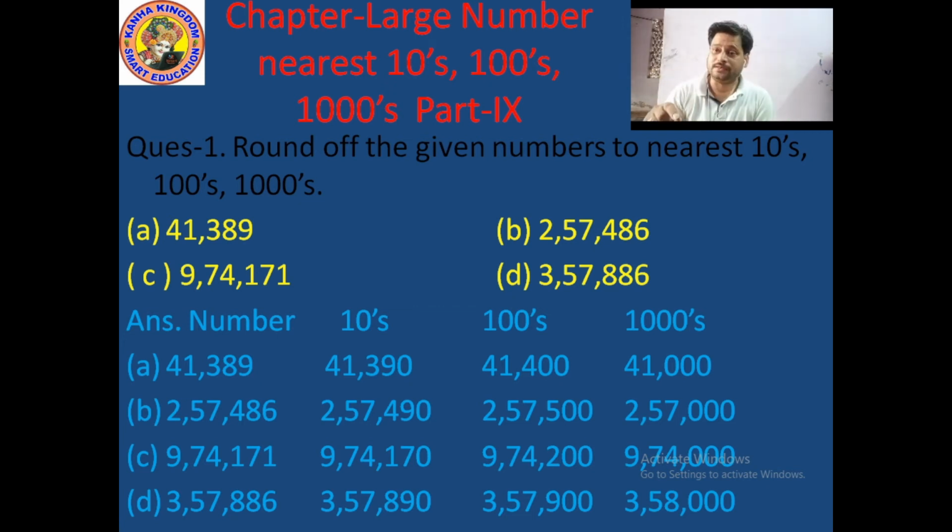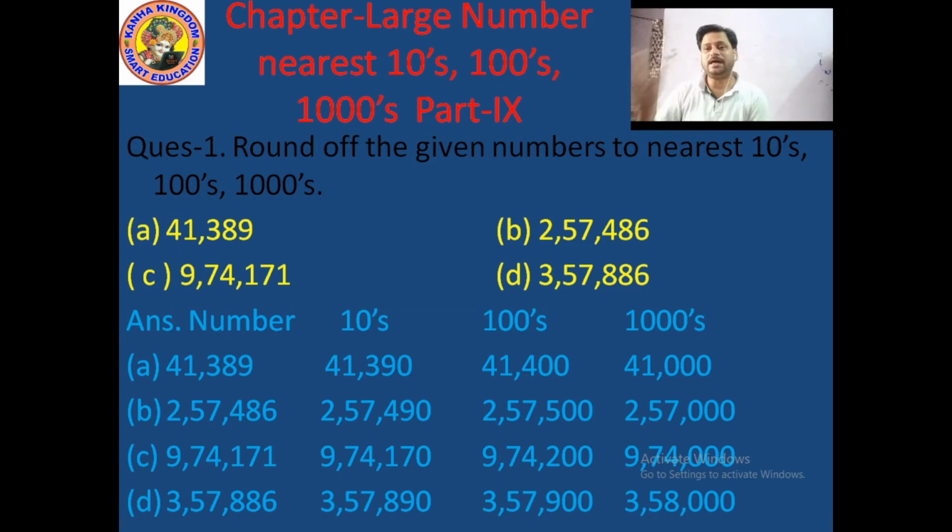Is the tens place greater than, less than, or equal to 5? Yes, tens place is greater than 5. So you add one to the 100 place and convert the tens place and ones place into 0.